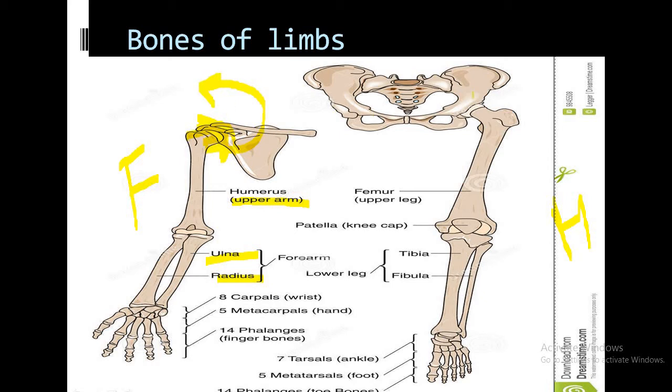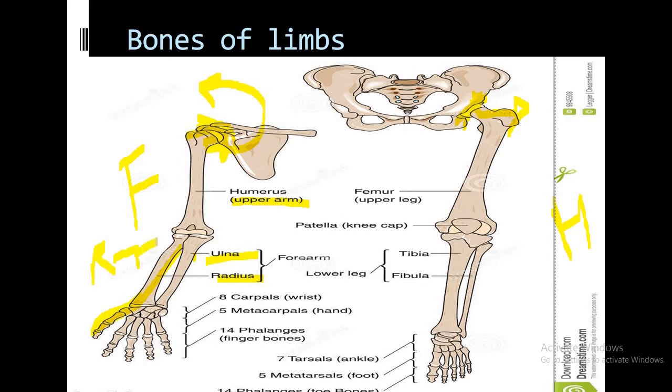Here also the pelvic girdle will act as a socket, and the head of the femur will act as a ball, so it will be a ball and socket joint, and this also helps in performing free movement in almost all the directions. The part of the forearm which is towards the thumb is known as the radius.